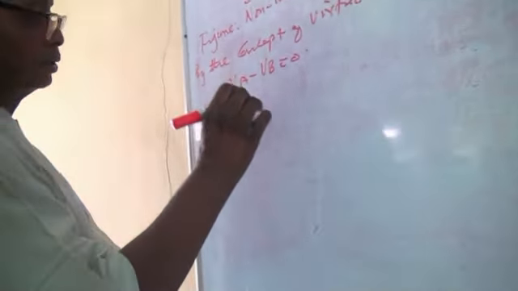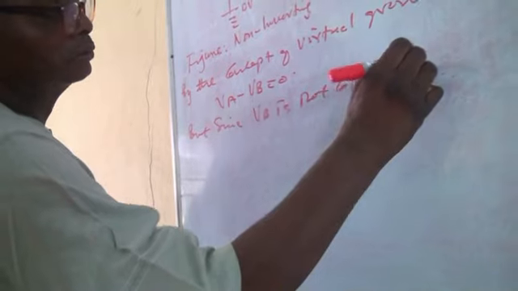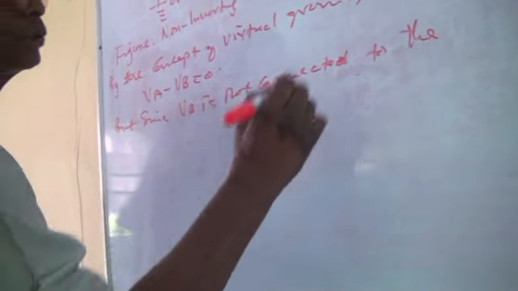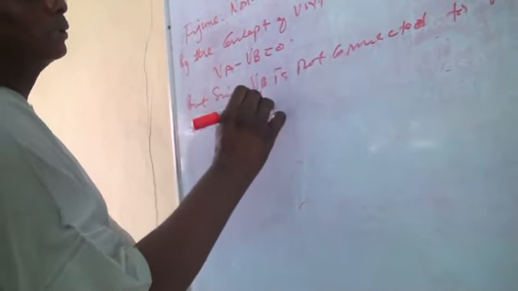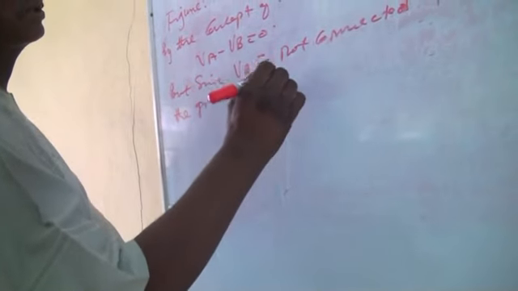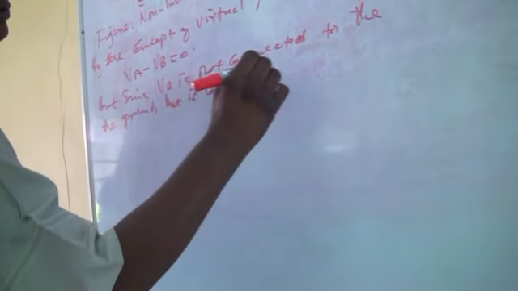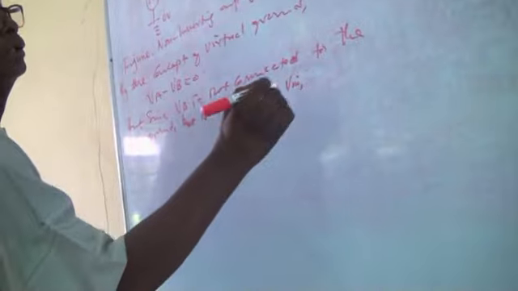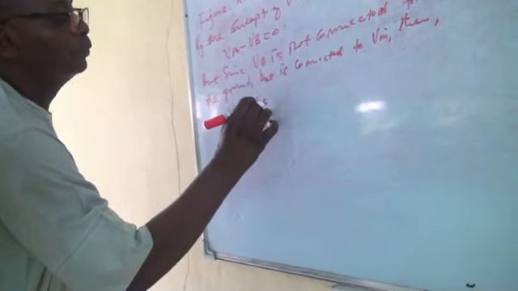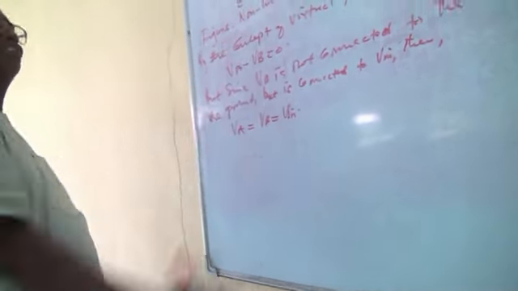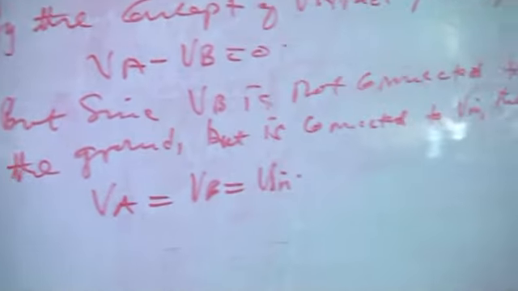But since VB is not connected to the ground, but is connected to V in, then VA equals VB equals V in, this relationship. Are we together? Yes, sir.